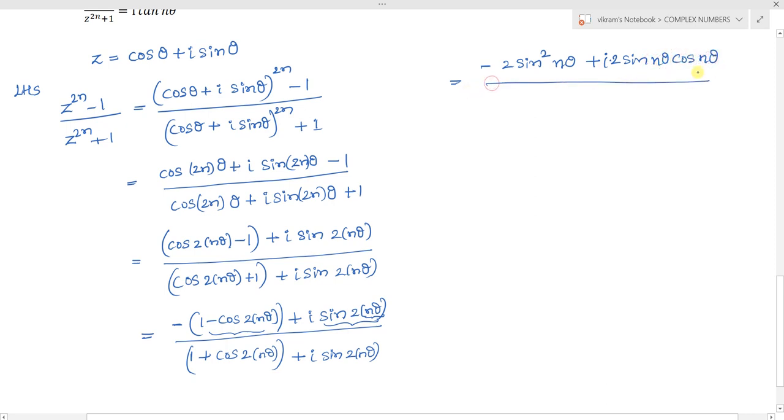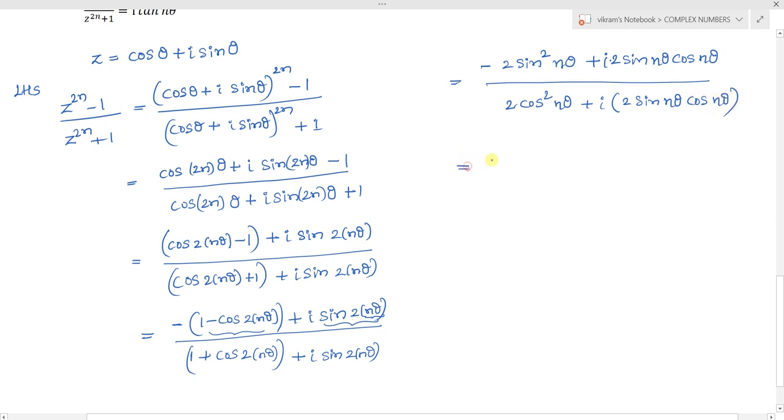In the denominator, 1 plus cos 2 theta is 2 cos square theta, where theta equals n theta, plus i into sin 2n theta, which we write as 2 sin n theta cos n theta.